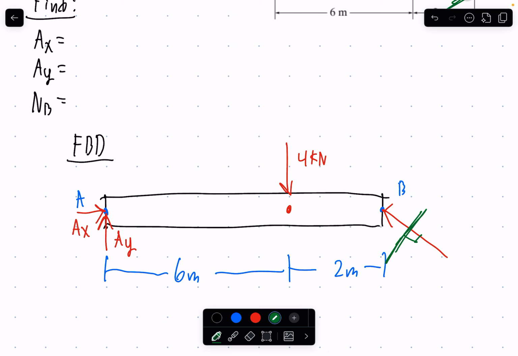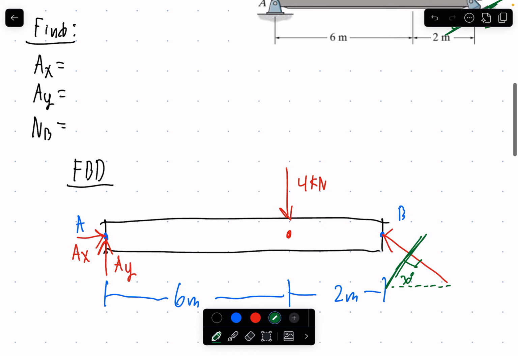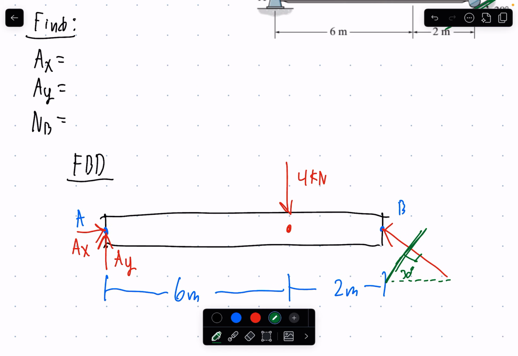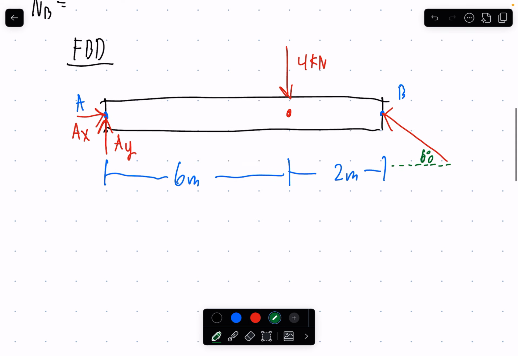And in terms of the horizontal, this will be 30 degrees. That creates a nice triangle, which lets us know that this angle right here is 60 degrees, and that'll be an angle in terms of the reaction force vector and the horizontal. So I'll just clean that up. We know the angle is 60 degrees and it's in terms of our reaction force.